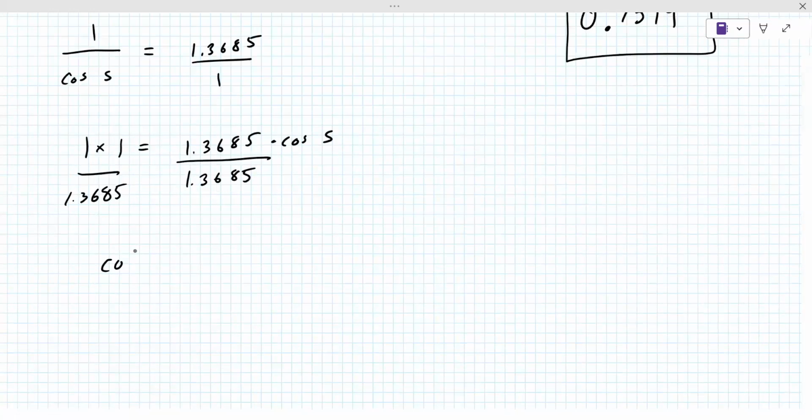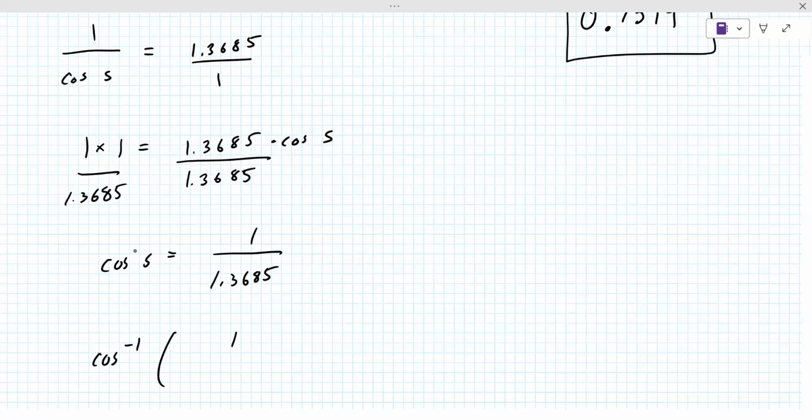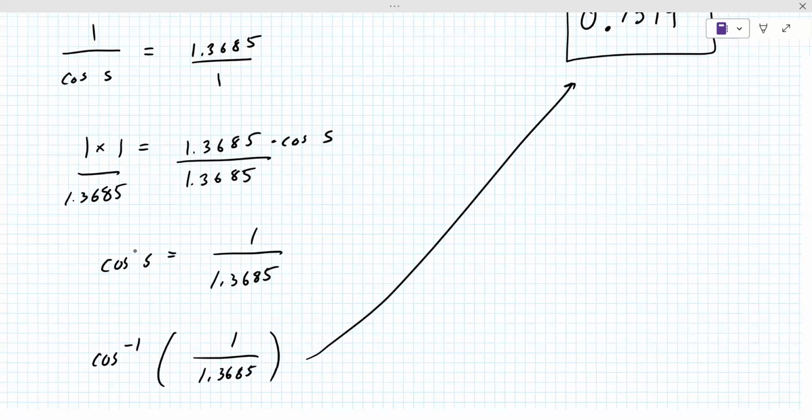We now have cosine S equals 1 over 1.3685. And this is where you can do the cosine inverse of 1 over 1.3685, which will give you 0.7514. So it's about manipulating secant into 1 over cosine in this problem.